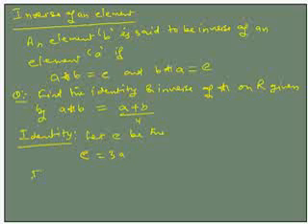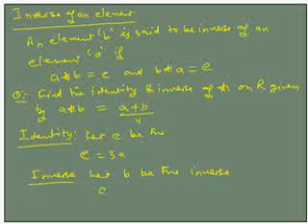I want to find the inverse. Let B be the inverse. So by definition, A star B should be identity, and B star A should also be identity.